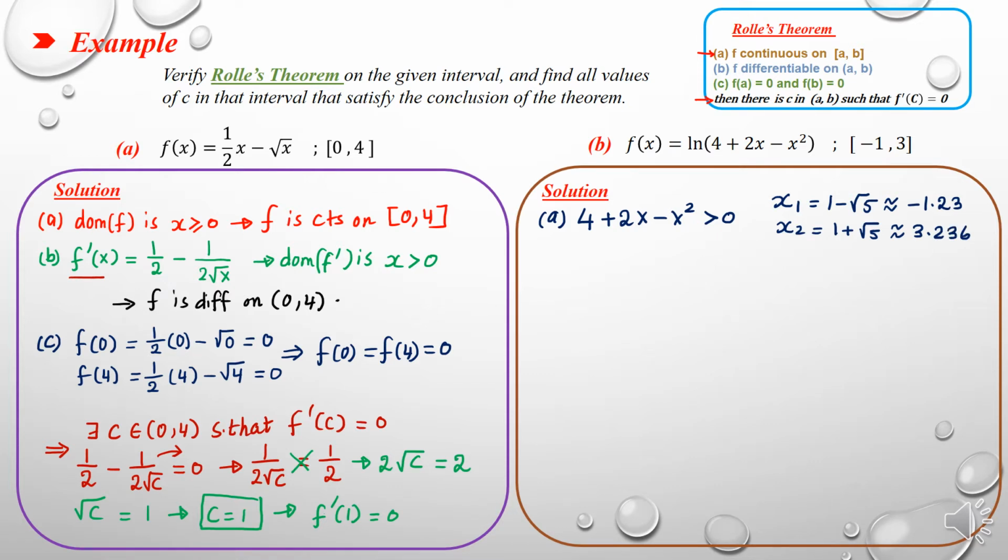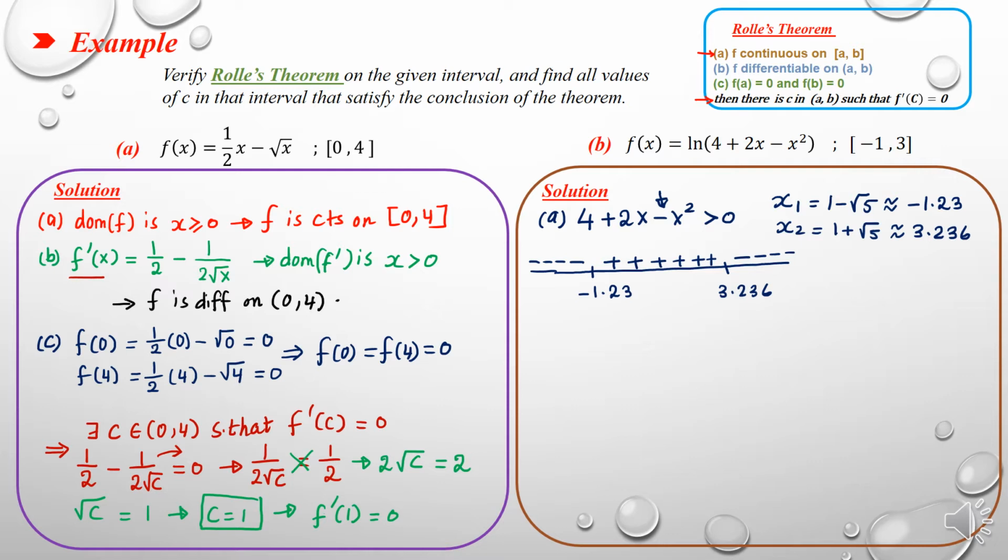3.236. Now you have to check the sign of the function 4 plus 2x minus x squared. So we have two roots: the first one -1.23, and the second one 3.236. Since we have a quadratic, the region between the roots has the opposite sign of the coefficient of x squared, which equals -1. So this middle region will be positive, and the outer regions will be negative.